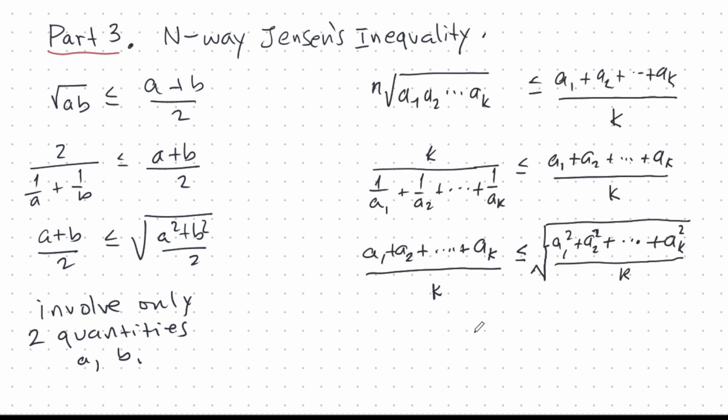However, here on the right hand side, I now have many quantities. I have A1, A2, and so on up to AK. So it's like K-way inequalities, or as I set it up here, N-way inequalities. And these are much harder to prove. Much harder.